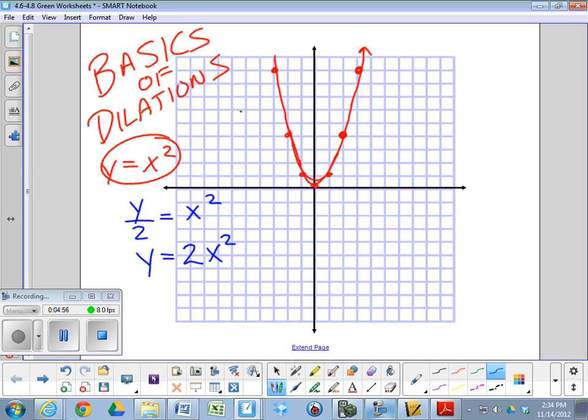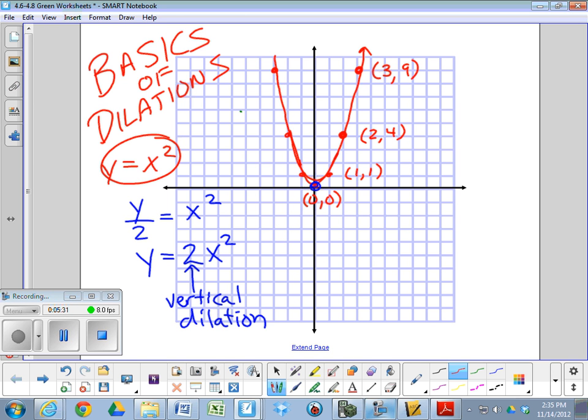What this creates is a vertical dilation. And it takes all of your y coordinates times 2. So instead of being 0, 0, it's 0, comma, 0 times 2. Uh-oh, that's still 0, okay? On the parent function, the y coordinates were 0, 0, 1, 1, 2, 4, and 3, 9.